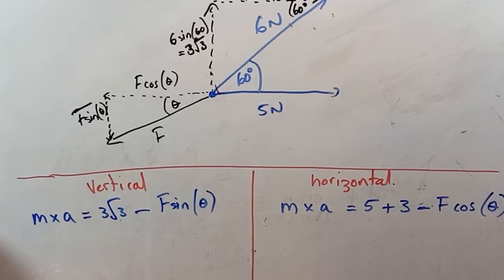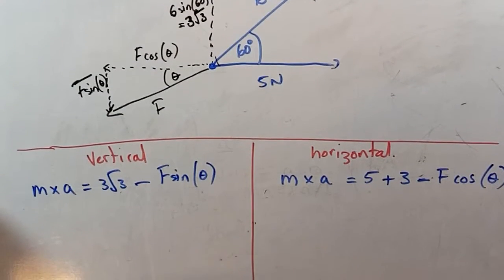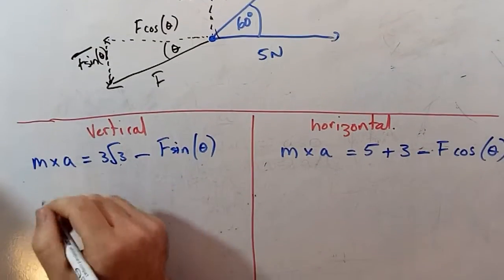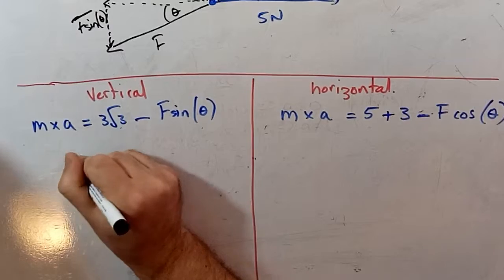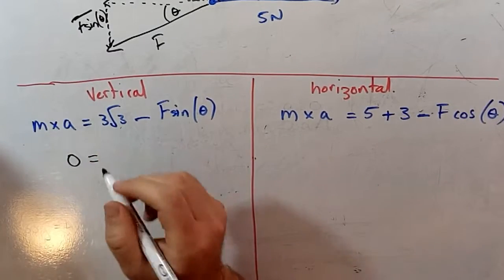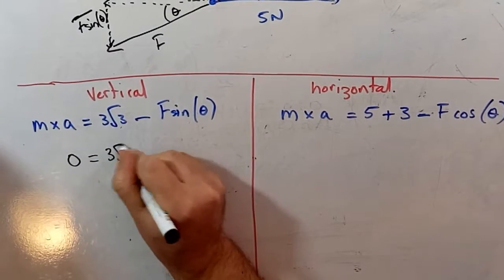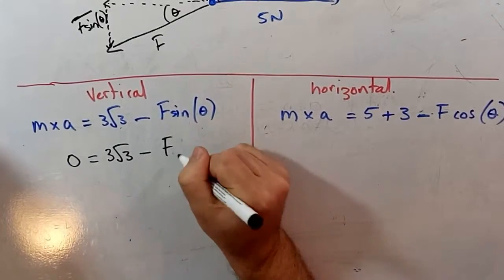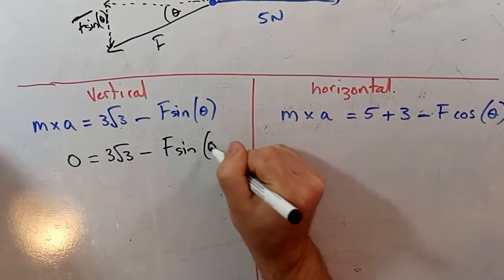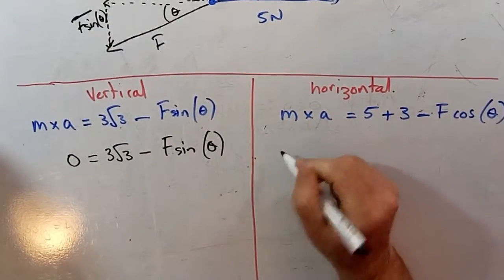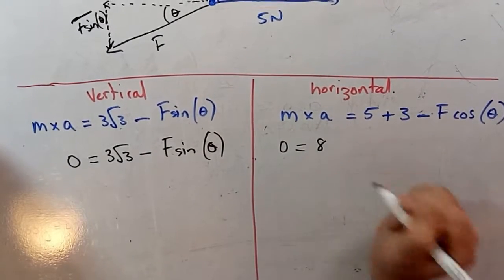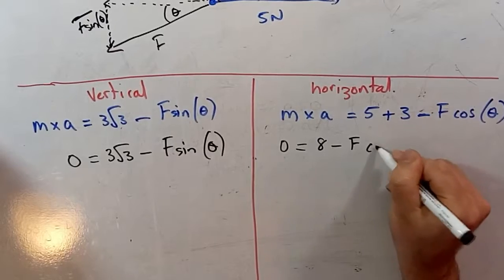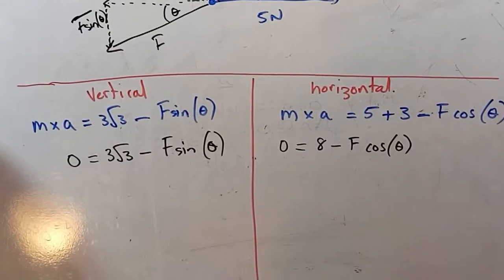Okay, so let's stick in, well, we know a is 0, so a static situation. So a is 0, so m times a, that's going to be 0. Yeah, so I've got 0 equals 3 root 3 minus F sine of theta. And here we've got 0 equals 5 plus 3 is 8 minus F cos of theta.